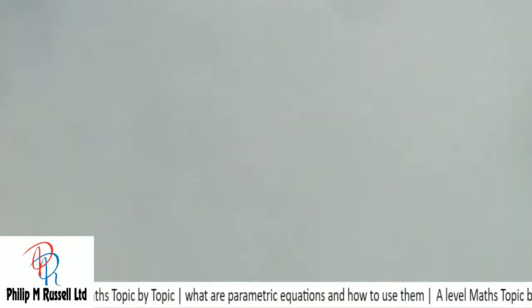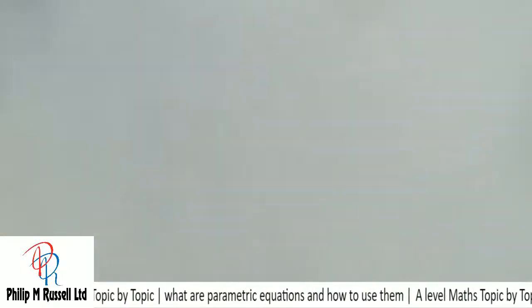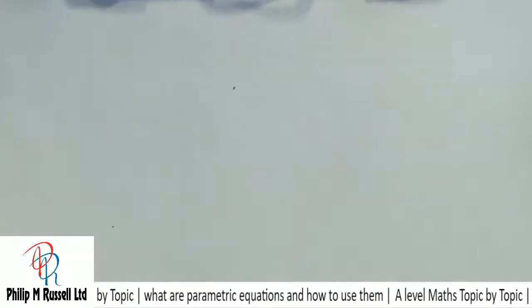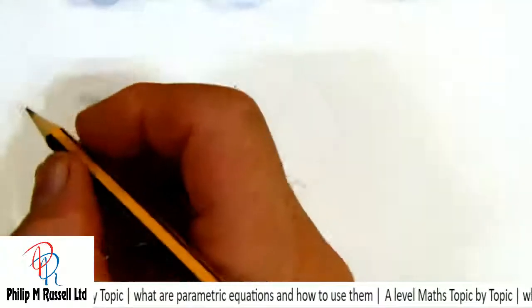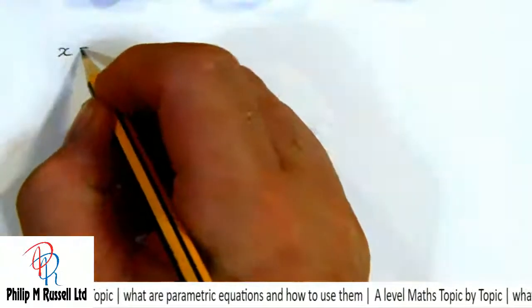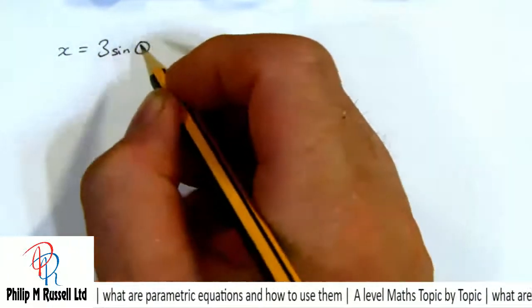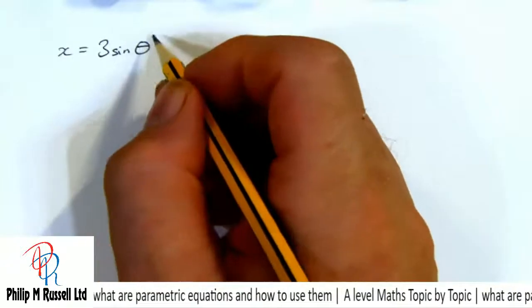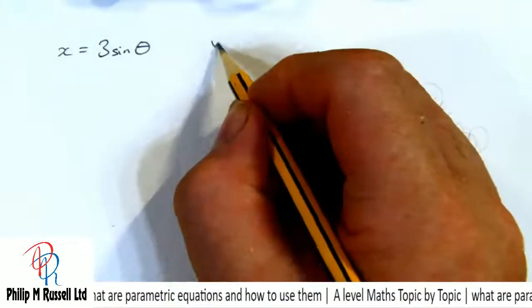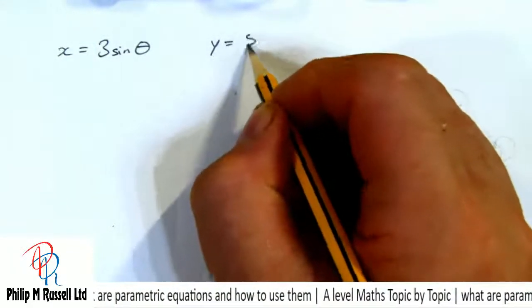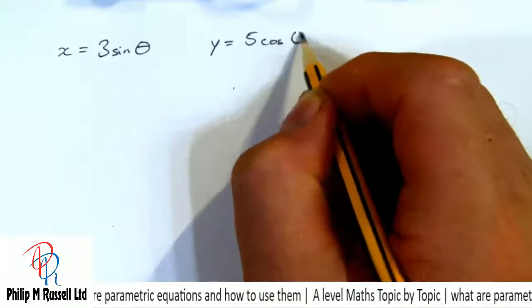We'll just go for a sharp pencil for a minute, and we'll choose another equation. x is 3 times the sine of theta, and y equals 5 cos theta.